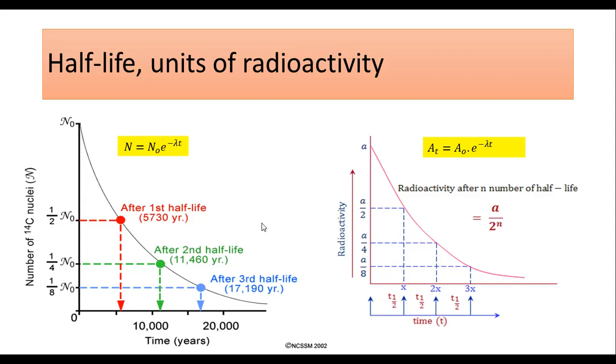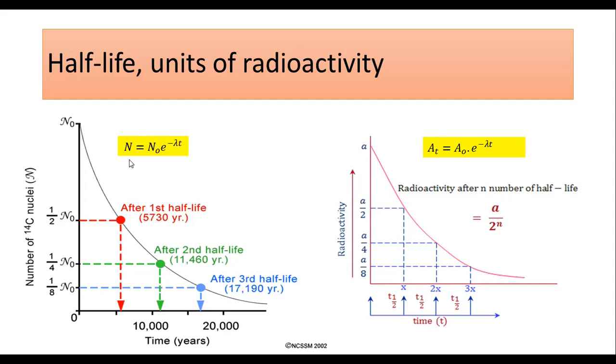So these are the two graphs I have shown over here. So the first thing is, in this graph, there is a plot of radioactivity versus time, and you can also plot the number of radioactive nuclide against time.